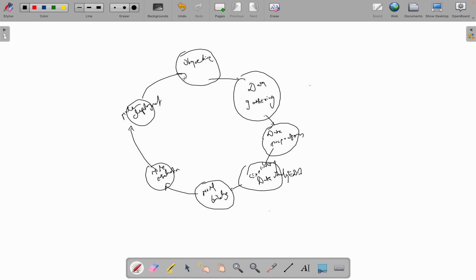So this is the complete life cycle of a machine learning project, and let's talk about the different stages.